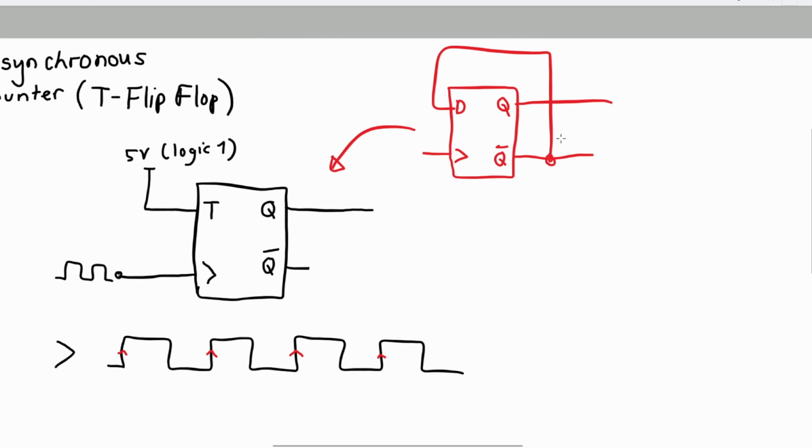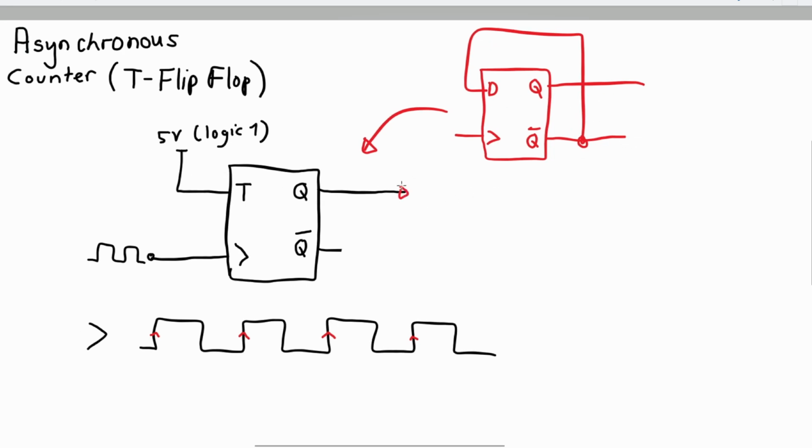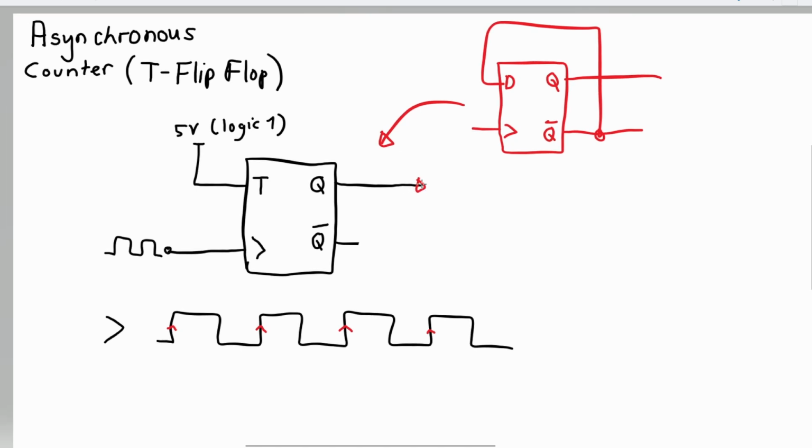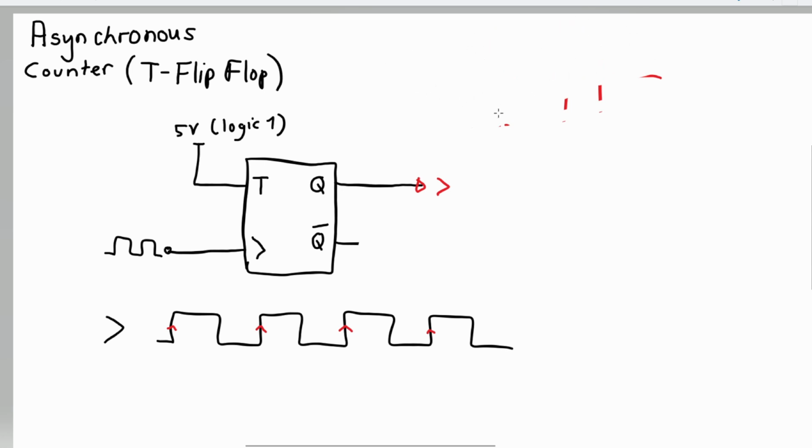They act the same, except that in a T-type asynchronous counter, your Q goes to the next stage in an up counter, and in a D-type version, the Q bar goes to the clock of the next stage. But I'll go into that with the T-types in a moment. So let's get started with this circuit.